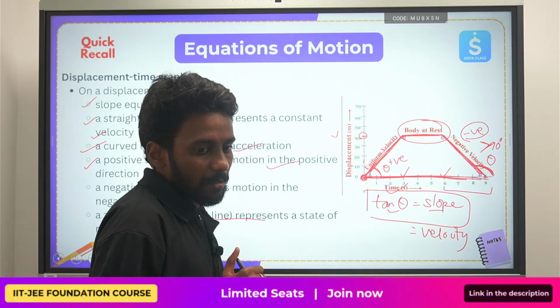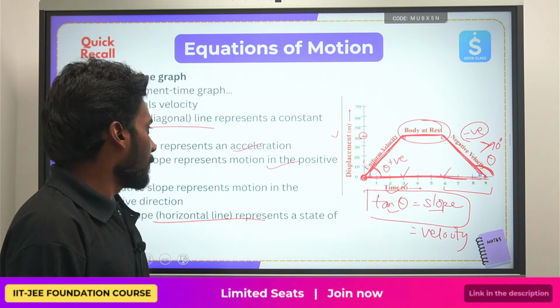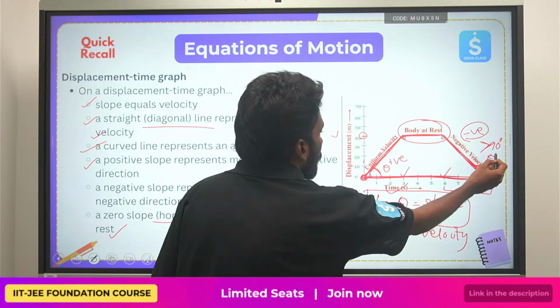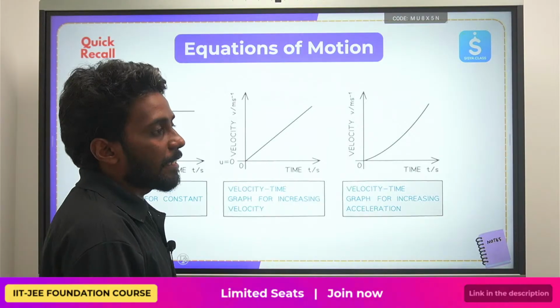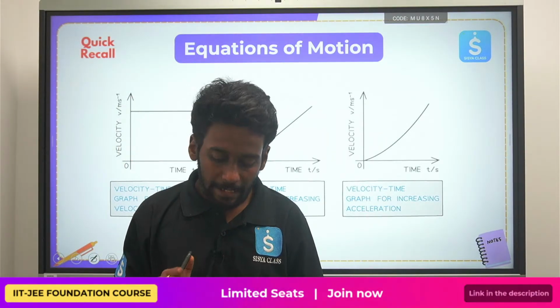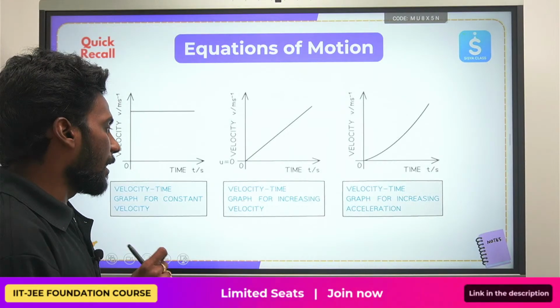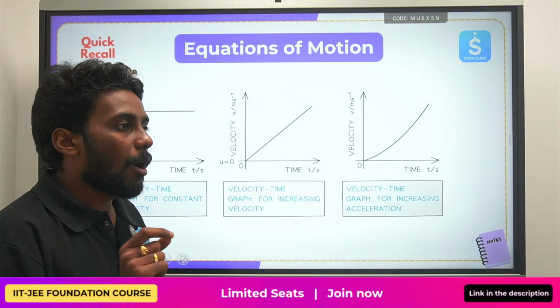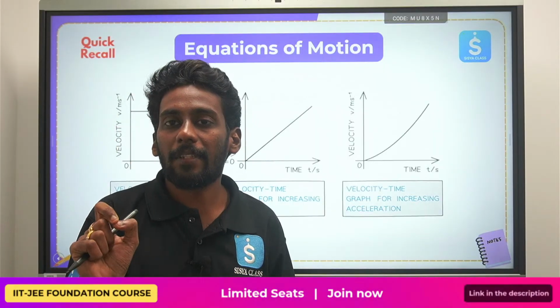So I hope you understand, right? So now coming to the velocity time graph. Now, coming to the velocity time graph, what happens? We are studying how the object's velocity is increasing or decreasing with respect to time.